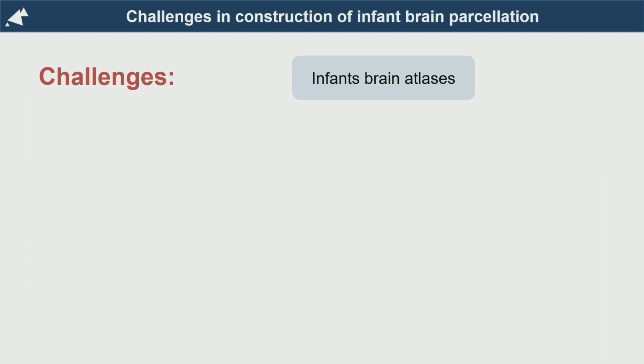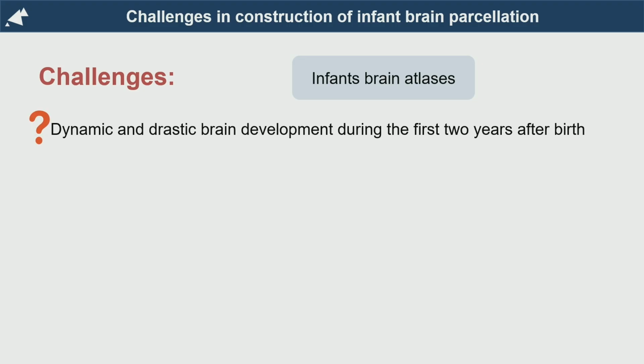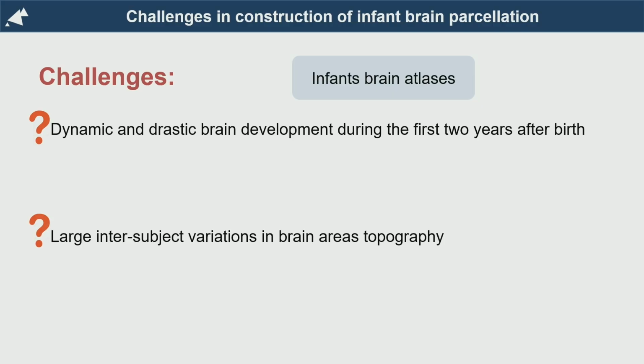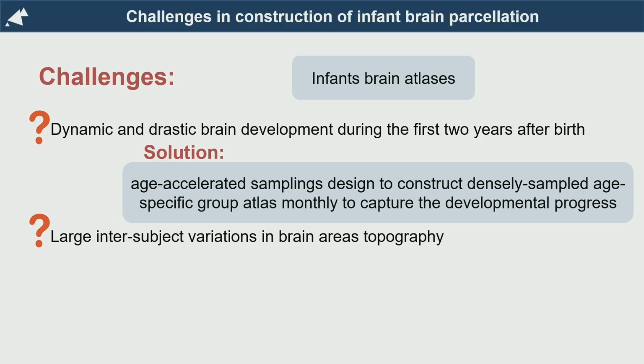There are some challenges in the construction of the infant brain atlas. The first one is the dynamic and drastic brain development during the first 2 years after birth. And the second one is large intersubject variation in brain topography. So what's our solution?